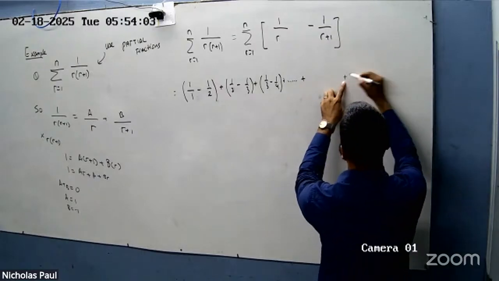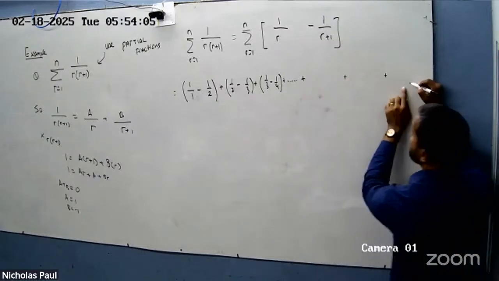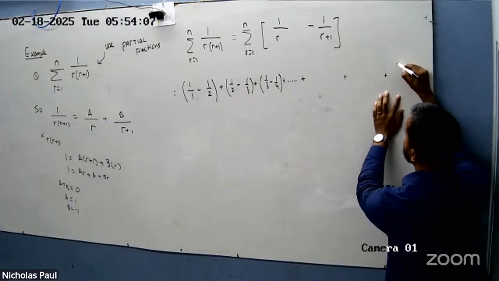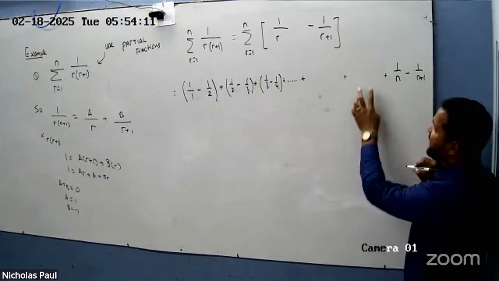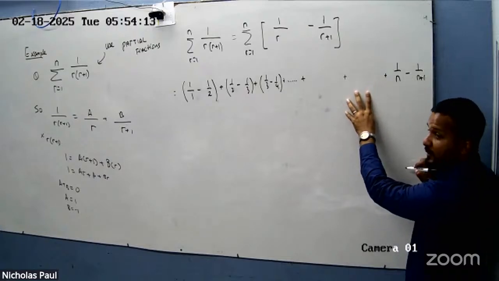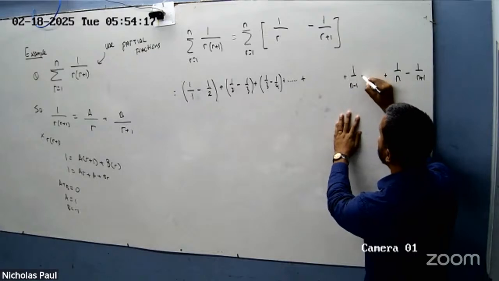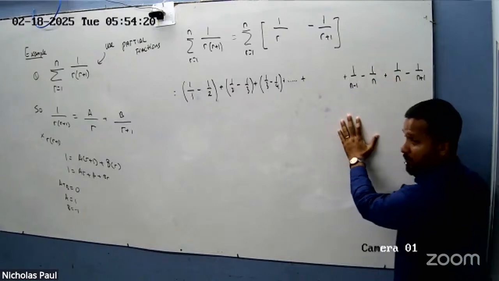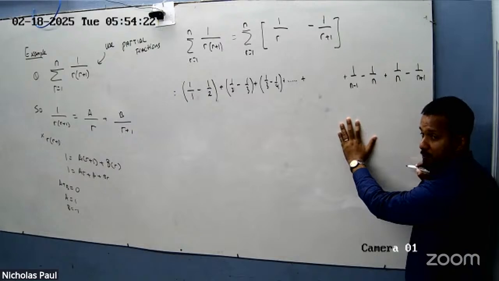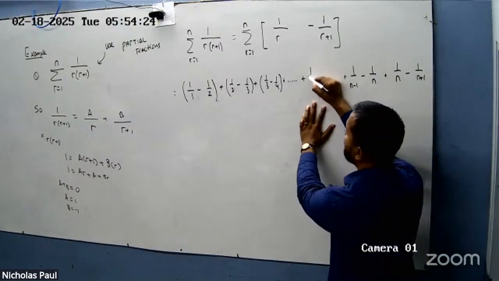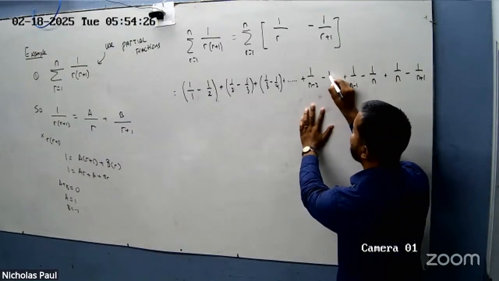Third to last, second to last, last. What's the last term? 1 over n minus 1 over n. What's the term before that? n minus 1, right? So that'll be 1 over n minus 1 minus 1 over n. Correct? And the one before that is what? 1 over n minus 2 minus 1 over n minus 1.